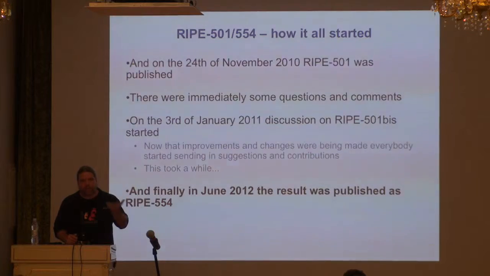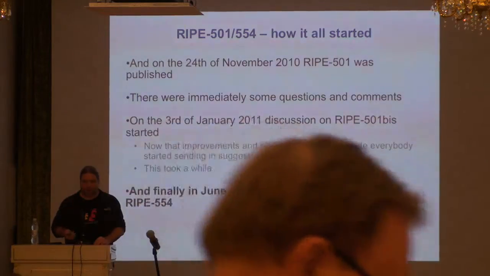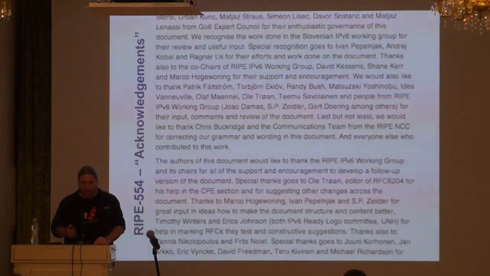We just removed the speed bump for companies that did not know how to request IPv6. This is just an example of acknowledgements. Many people from the community were involved and provided feedback, so we put them all in the acknowledgements. So this got really good support from the community.